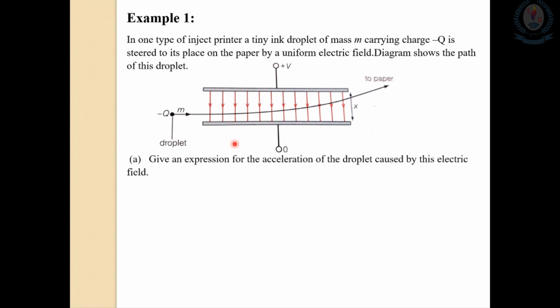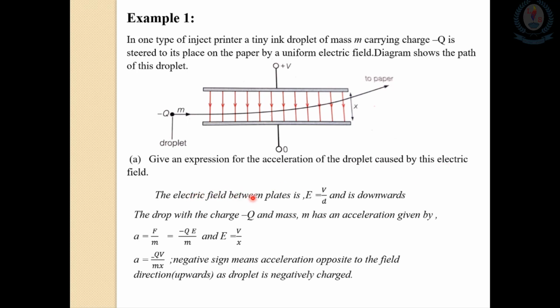Part A: give an expression for the acceleration of the droplet caused by this electric field. The electric field between the plates is uniform, so the suitable relationship for the uniform electric field strength is potential difference divided by the separation of the plates, E equals V over d, acting downwards as this plate is positive.